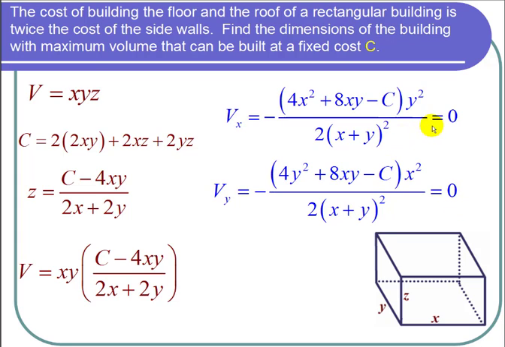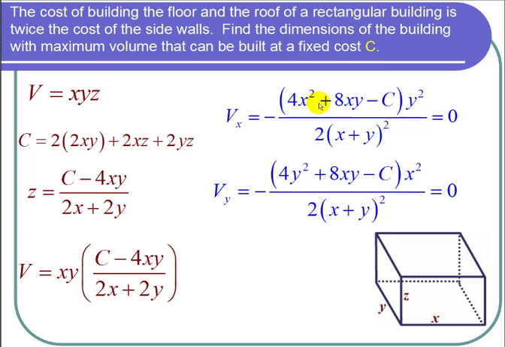So if a fraction equals 0, then that means the numerator equals 0. And also y can't be 0 because that would give you 0 volume, and x can't be 0 because that would also give us 0 volume.